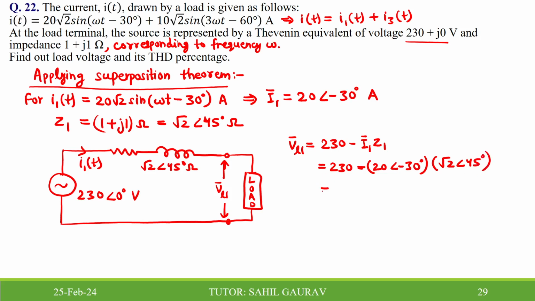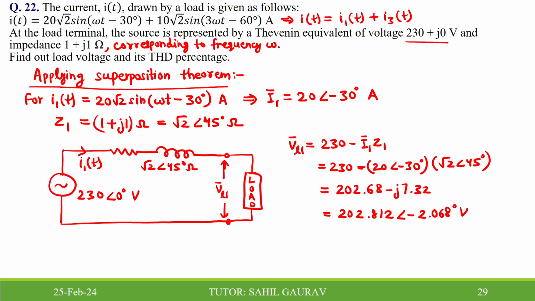If you do this, you will get in Cartesian form 202.68 minus J7.32, and in phasor form you will get 202.812 at the angle of minus 2.068 degree volt. So just be careful, in the phasor form we are taking the RMS value. So this value we got is the RMS one, 202.81, that is the voltage across load. If we are considering the fundamental frequency component, then we get this voltage. This one is the RMS voltage.